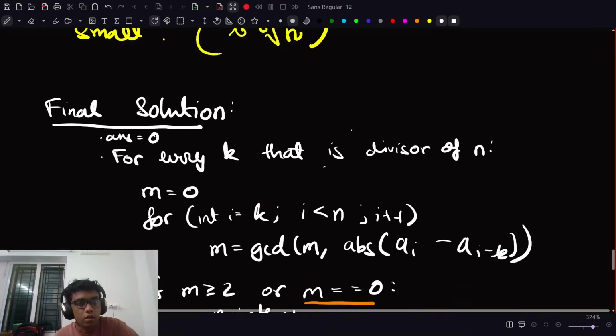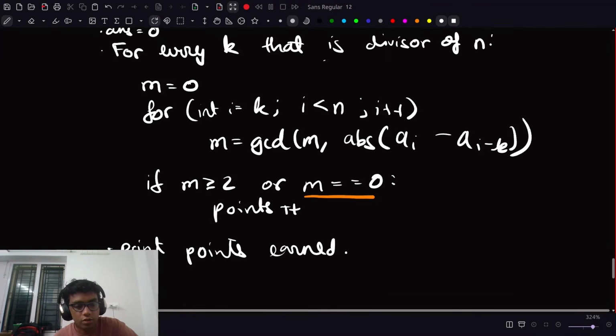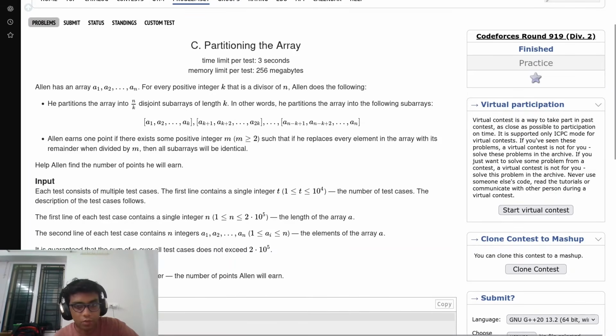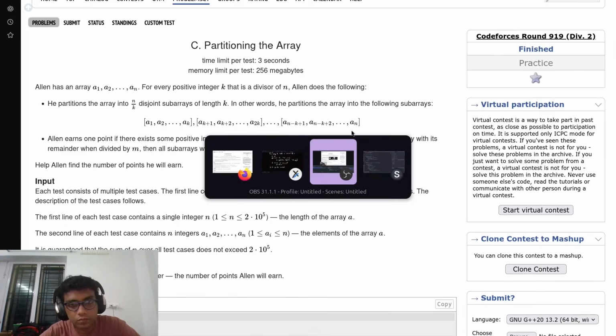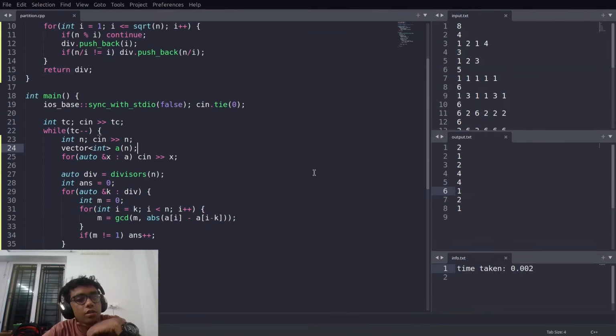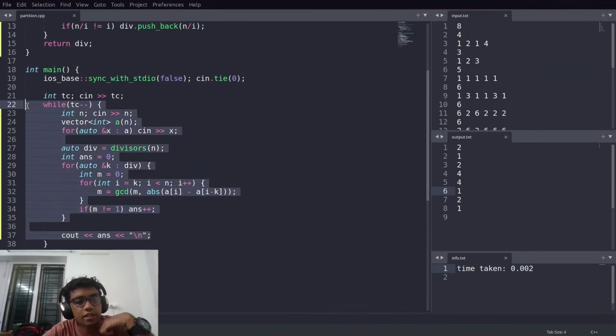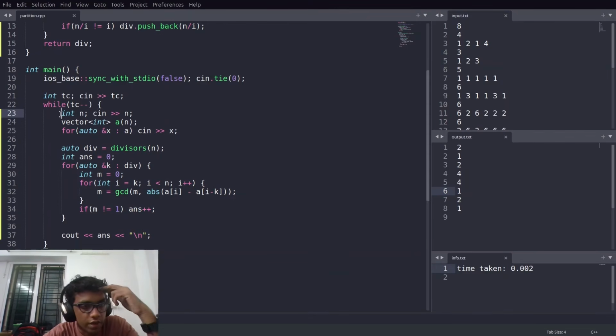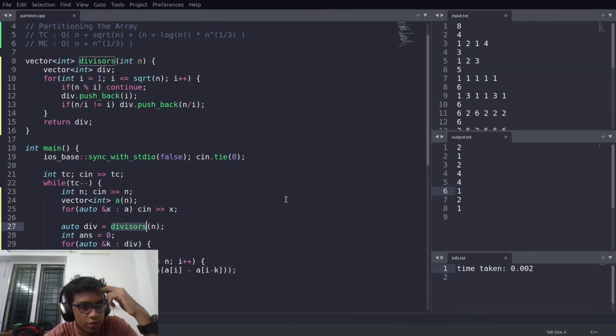Now let's have a look at the code for this solution, and we'll also discuss the time complexity. So here's a rough code for this, pretty much the exact same idea. I define an integer n and I take in n numbers in this vector. The function divisors generates divisors of a given number.